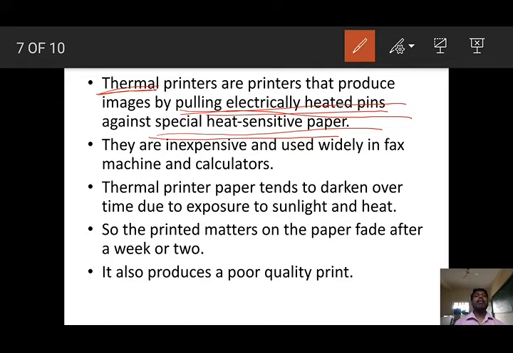Thermal printer paper tends to darken over time due to exposure to sunlight and heat. See, after getting the print from the thermal printer, after 1 week or 2 weeks, it will become darker because of sunlight and heat. So, the printed matter on the paper fades after 1 or 2 weeks. It also produces a poor quality print.